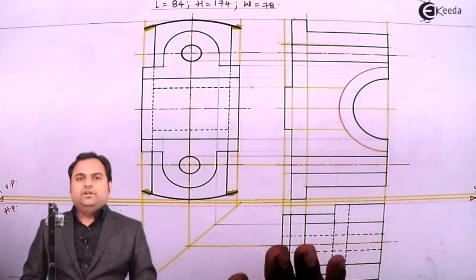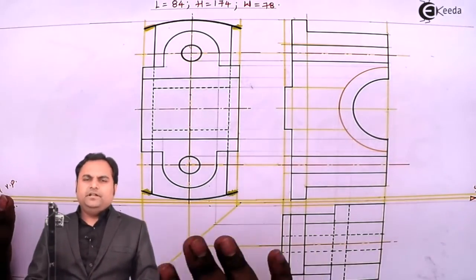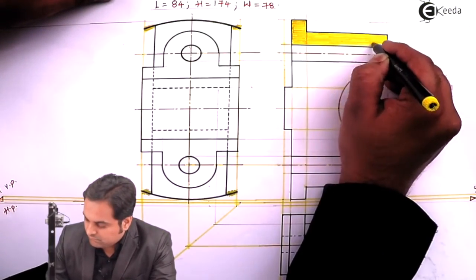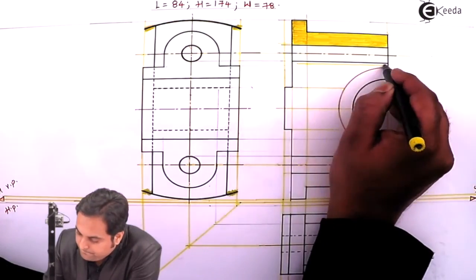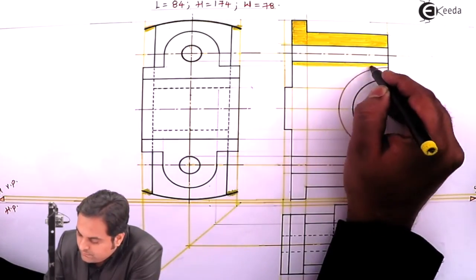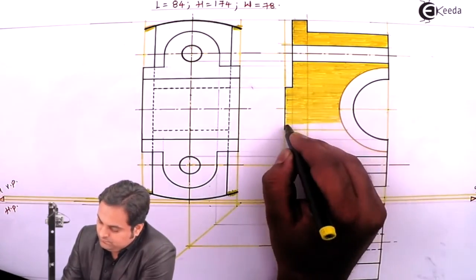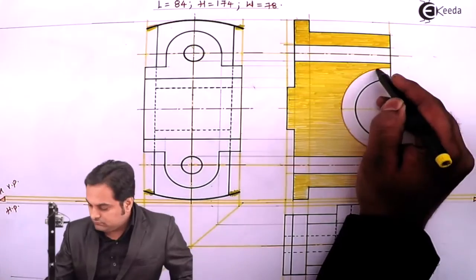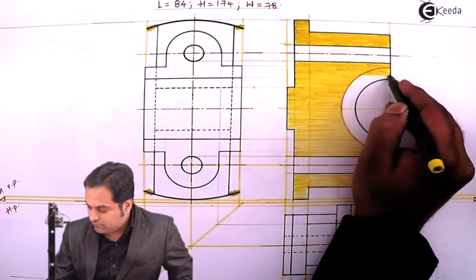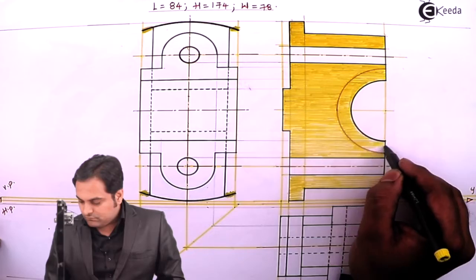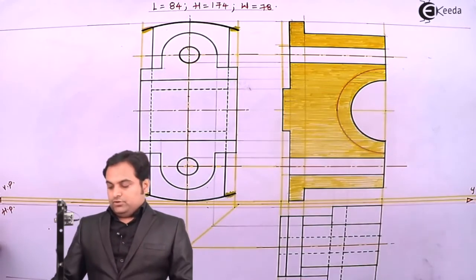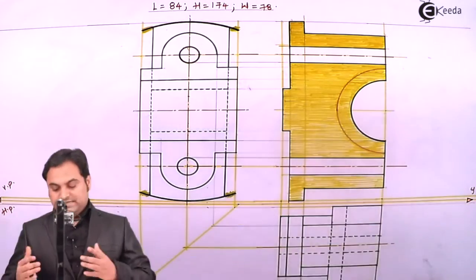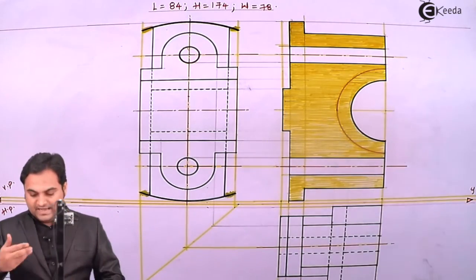Then after reaching up till here, I am going to shade the part inside which there should be sectioning. So here the part which I have shaded, inside this there should be sectioning which indicates that the block has been cut.